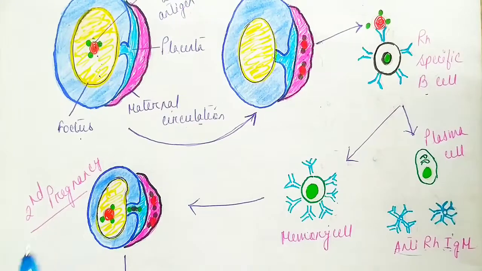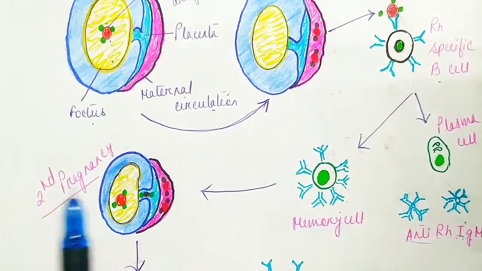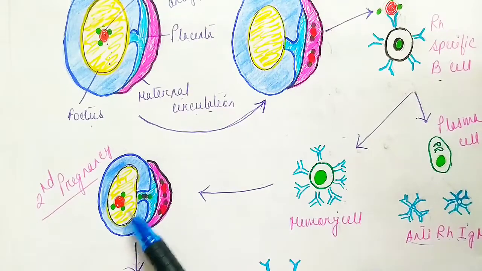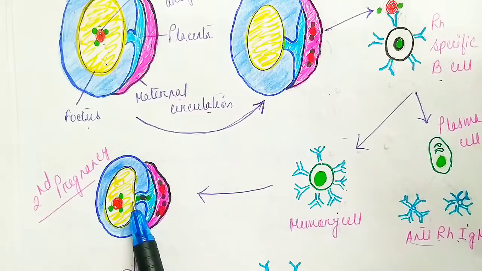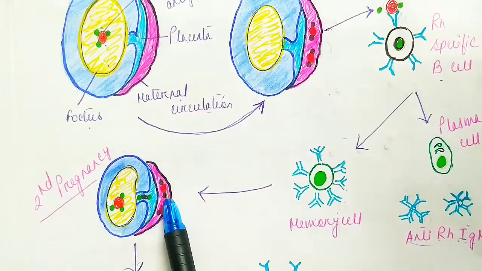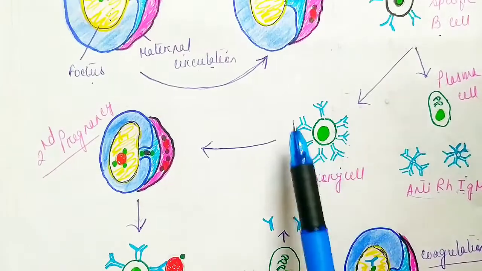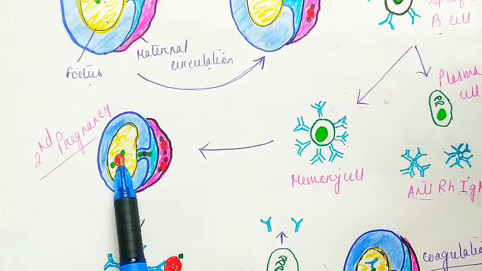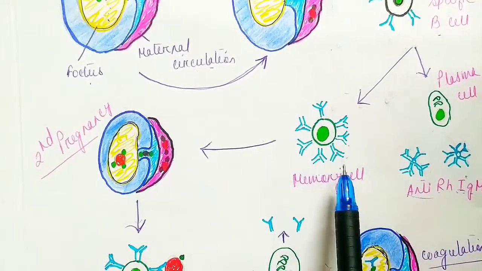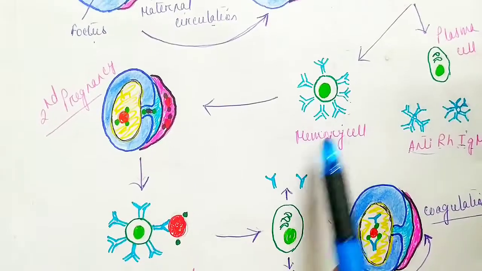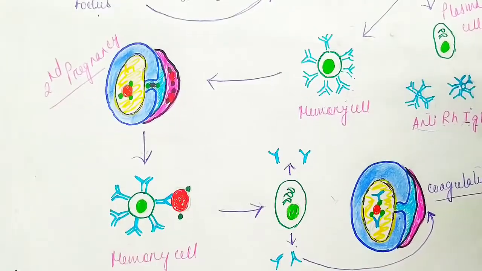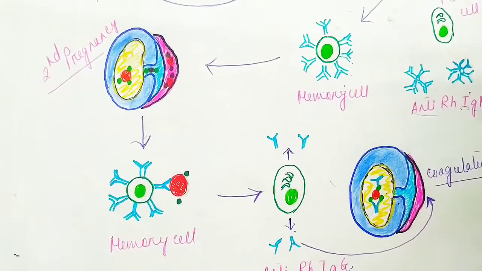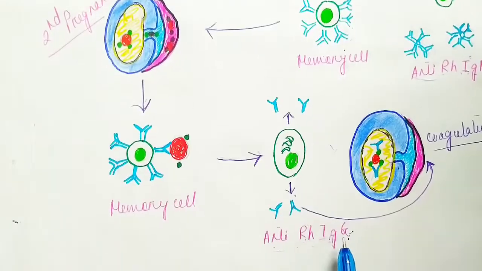So in the next pregnancy, the second pregnancy, when again the Rh negative mother carries an Rh positive baby, if some blood of the baby is mixed with the blood of the mother, then immediately, as the memory cells against this Rh antigen are already present in the mother's body, they start producing another type of antibody against this Rh antigen called anti-Rh IgG, which is very small in size.